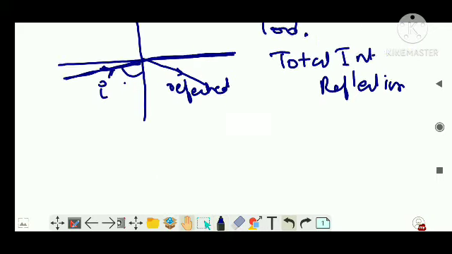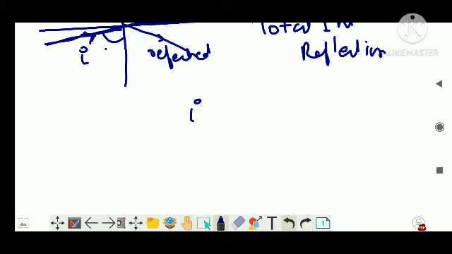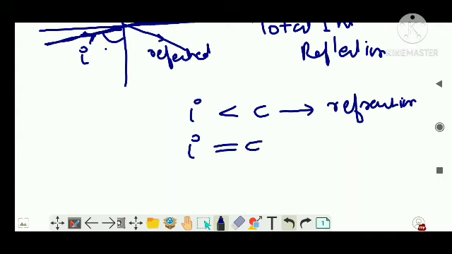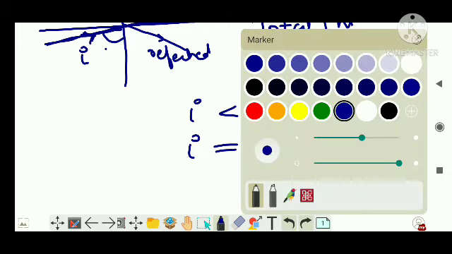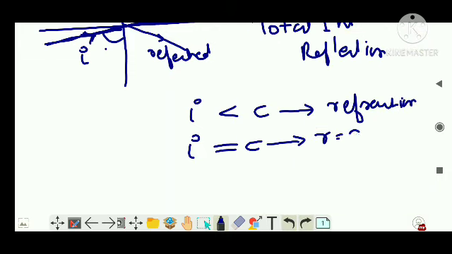So let's write the three scenarios. When incident angle is less than critical angle, refraction happens, right? Since it is moving from denser to rarer, the refracted ray will be moving away from the normal. When angle of incidence is equal to critical angle, at that time the refracted angle will be 90 degree, or I can say the refracted ray is just grazing the surface.